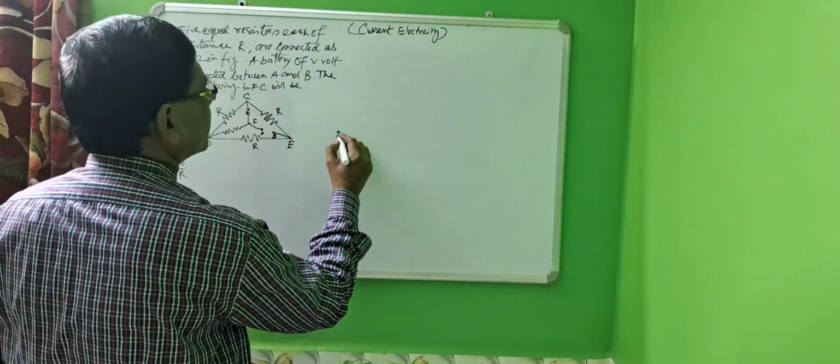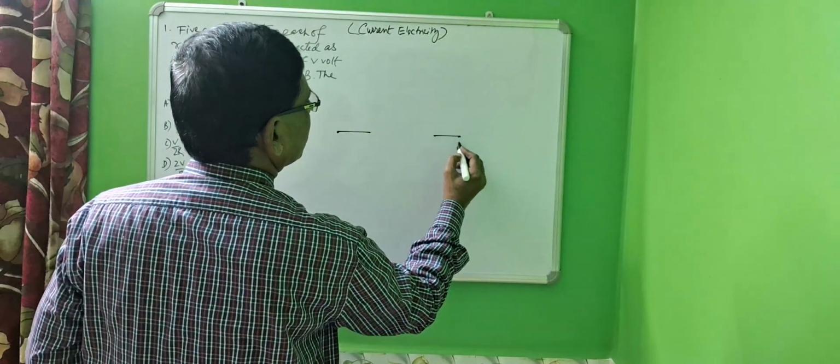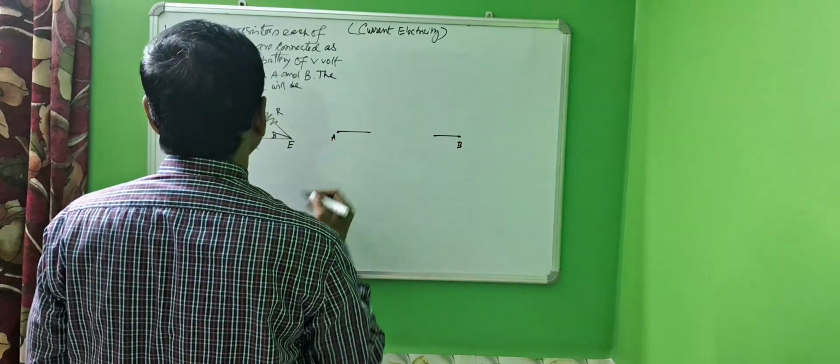This is A point, unfold here, and this is the B point. A and B unfold here.